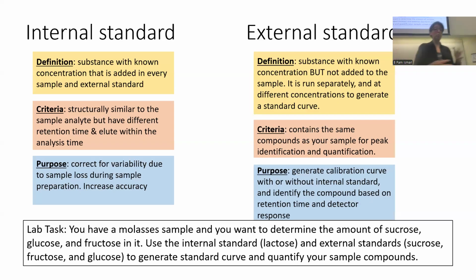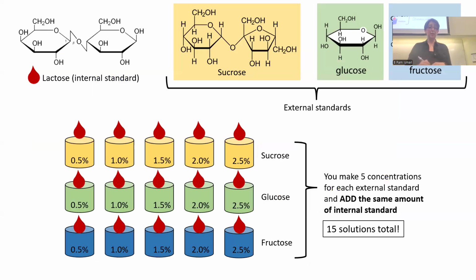It's structurally similar to the other sugars, monosaccharide, disaccharide. It's a disaccharide, and it will not coelute with any of them. And it will come out within the same analysis time. So it's a perfect internal standard for your sample analysis.